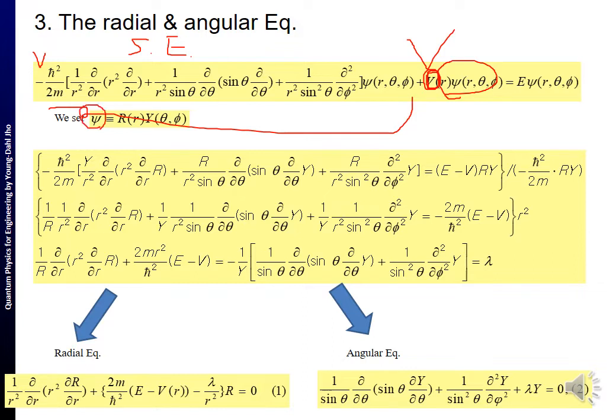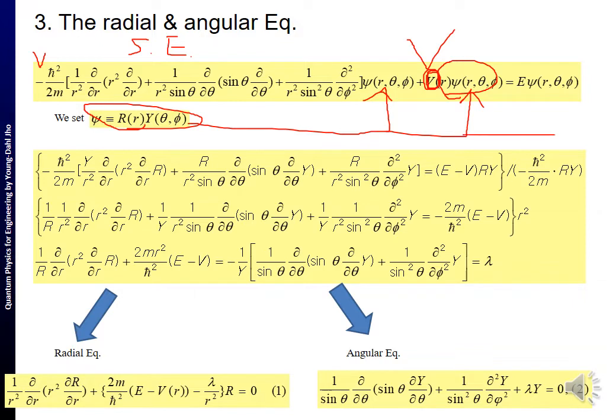The wave function psi is replaced by a pure function of r, which is large R, times the angular part Y. Then we put this into here, and into here.